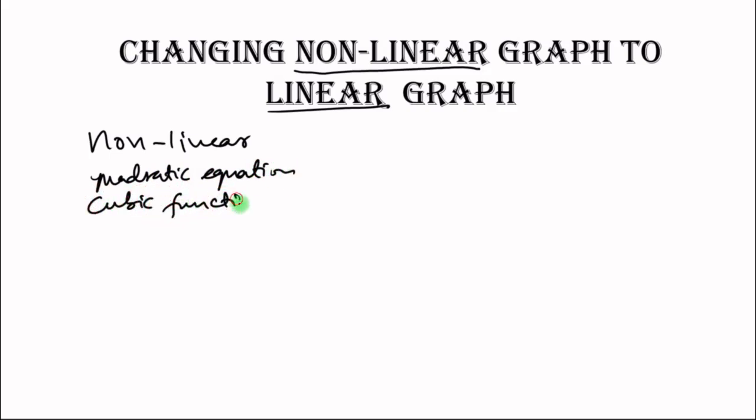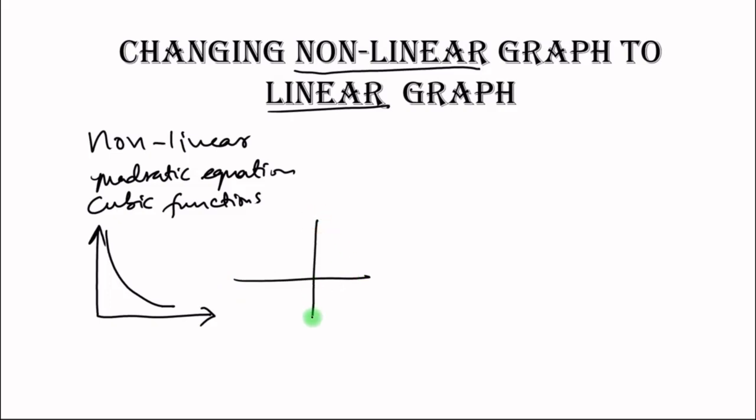They are good examples of nonlinear graphs, such that they are not straight, or the cubic function, whereby you find a graph of this nature with minimum value and maximum point.